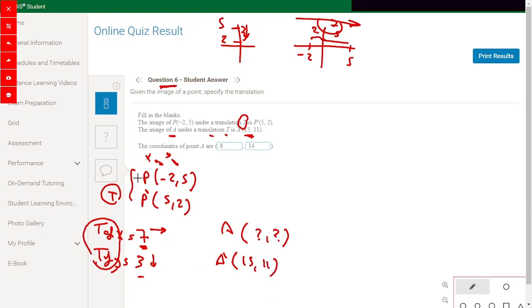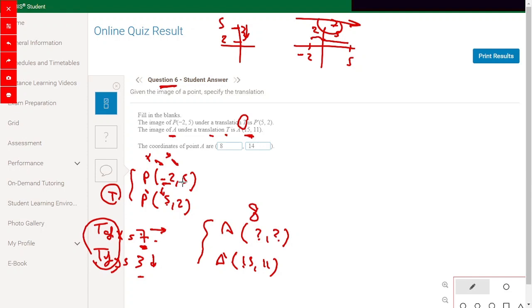So what we did with point P to P dash, we'll apply to A and A dash. So for x, point P, x was -2 and moved to 5, right? So that means it moved 7 units. Same thing here. 15 minus 7 will get me 8.